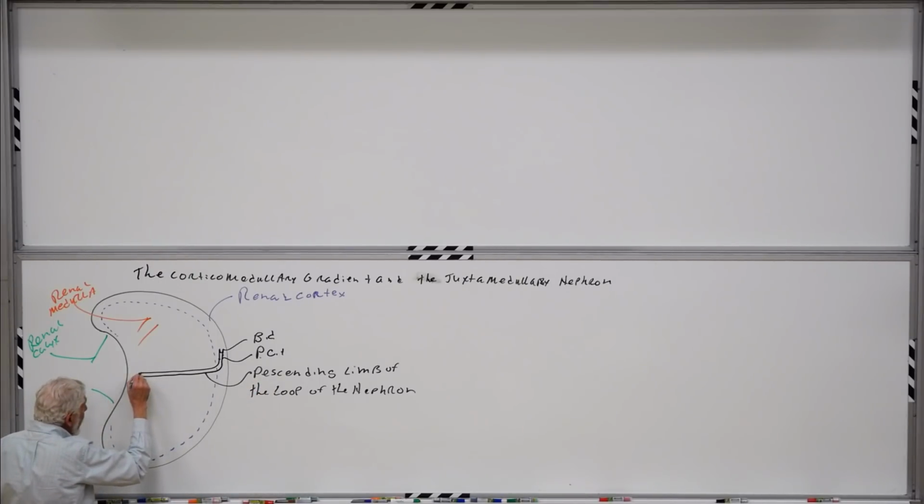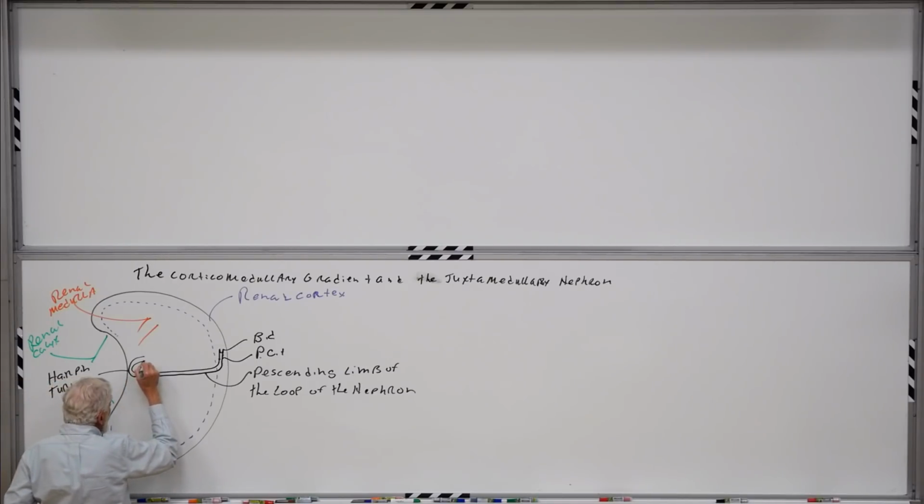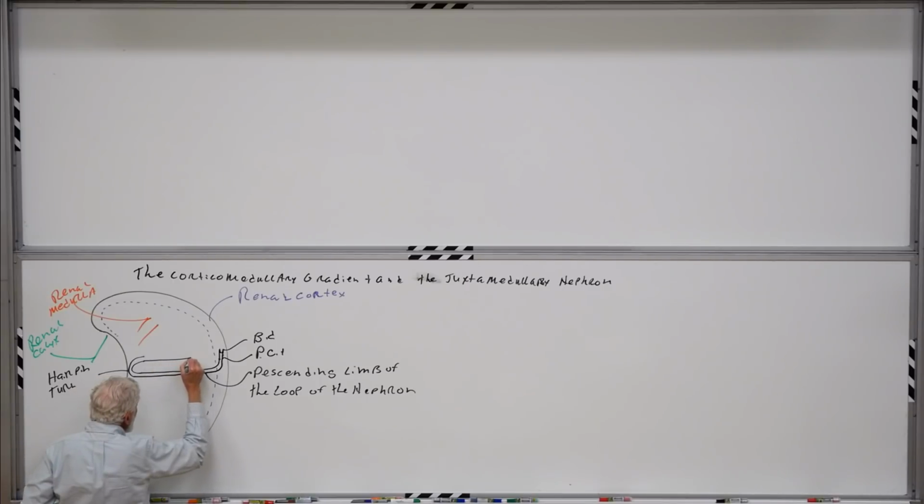It's the descending limb of the loop of the nephron. It loops around here, deep in the medulla, at the site known as the hairpin turn, implying a very sharp turn, and then the tube comes back to the cortex.